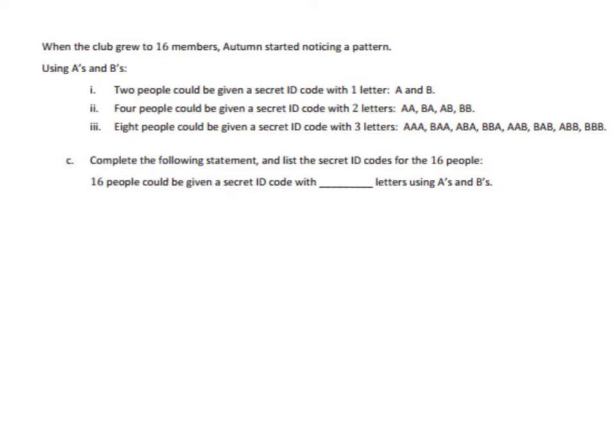So what do you think is going to happen here? Well, if I need 16 people, a couple ways of looking at it. If I look at it exponentially, 2 to the 1st power gives me 2. 2 squared gave me 4. 2 cubed gave me 8. So 2 to the 4th here would give me 16. So 4 letters would do it.